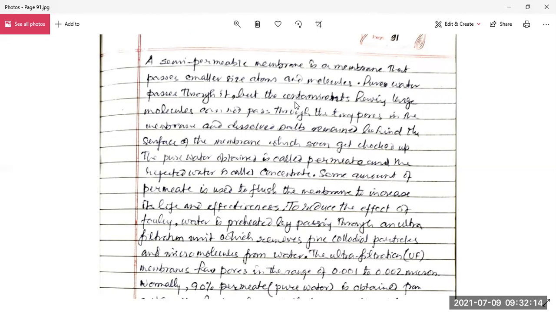A semi-permeable membrane is a membrane that passes small size atoms and molecules. Pure water can safely pass through it, but contaminants having larger molecules cannot pass through the tiny pores of the membrane itself.